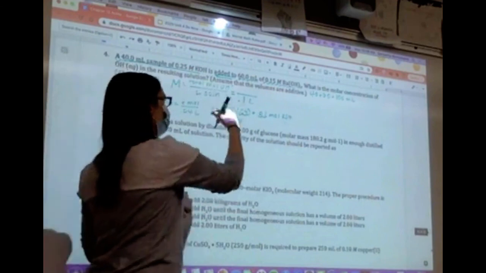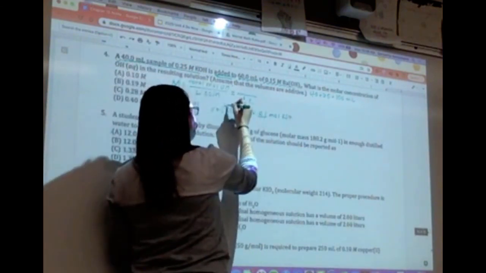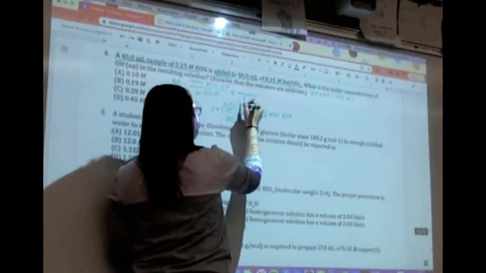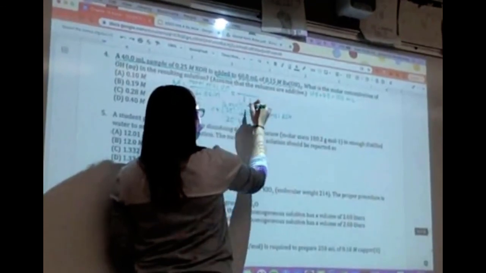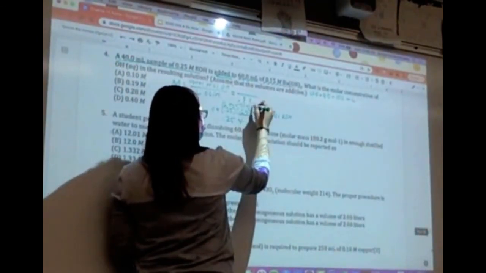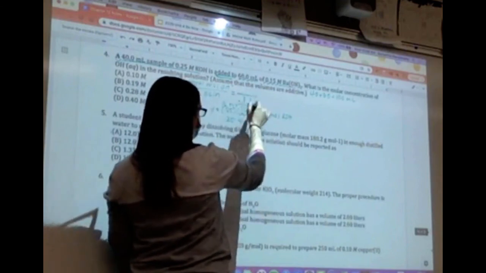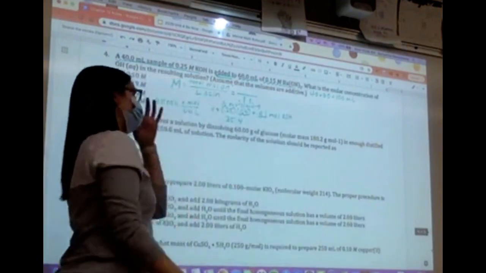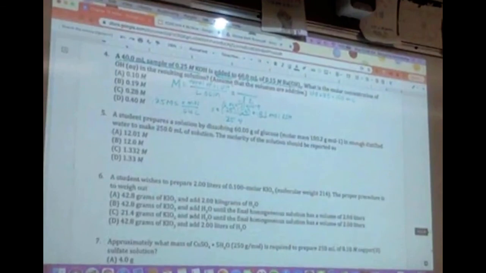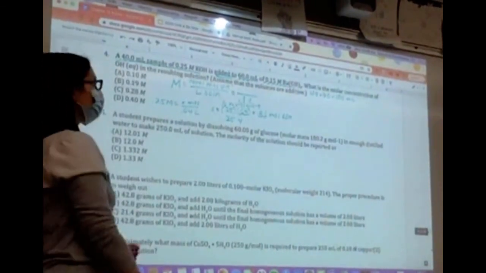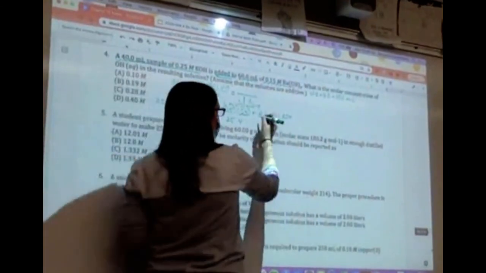Again, I just moved my decimal. You could do scientific notation. You could do 2.5 times 10 to the negative first times 4 times 10 to the negative second. 2.5 times 4 is 10. Negative 1 plus negative 2 is negative 3. So 10 to the negative third, and you can put it back in standard. So here's my KOH.